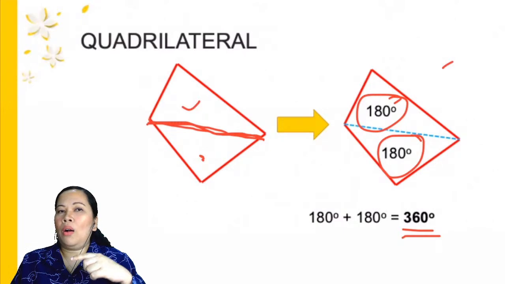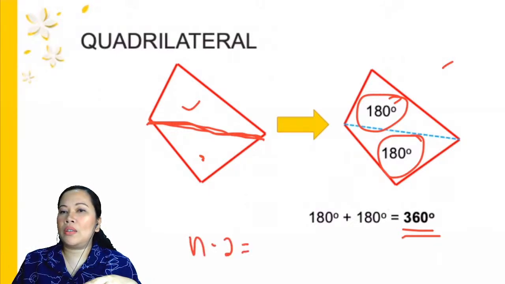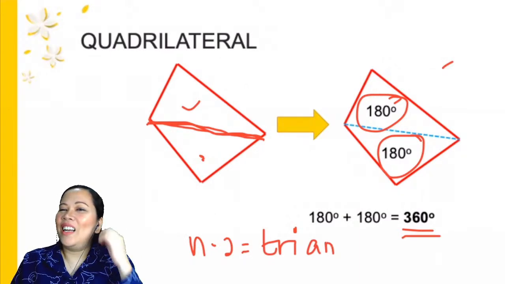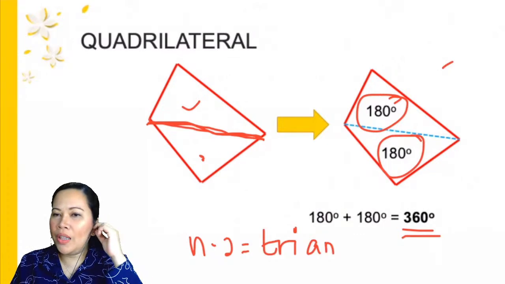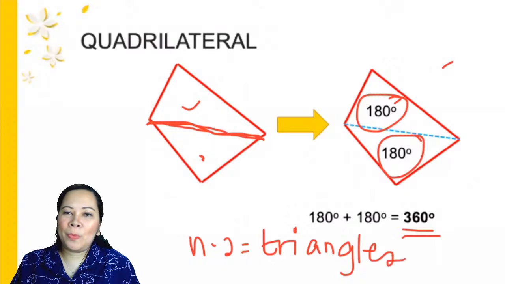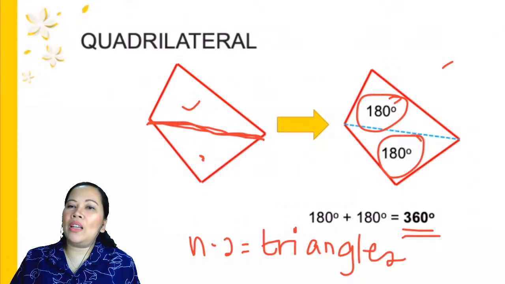Now, what have you noticed? The number of sides minus 2 equals the number of triangles. If all the sides are of the same measure, then it's regular. If your window is a square, then it's a regular polygon.